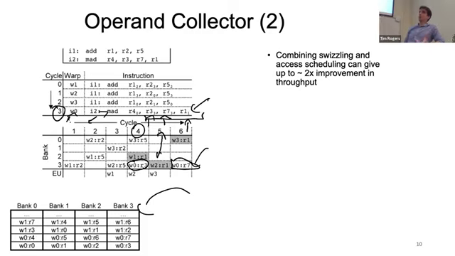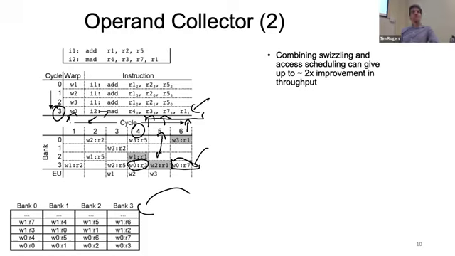The patent shows that this combination of an intelligent collector unit and swizzling improves throughput over the strawman by 2x on average, which is significant. This is the difference between a gigaflop and half a gigaflop. It's big.